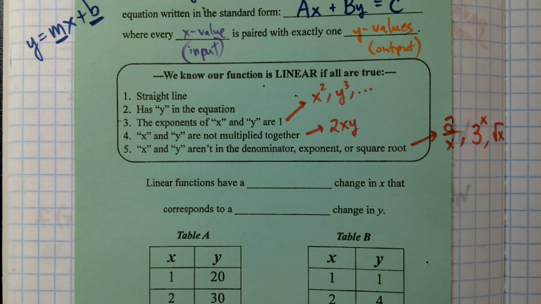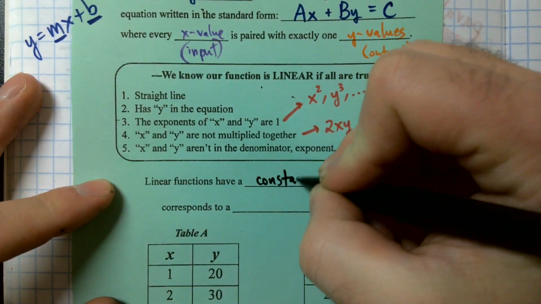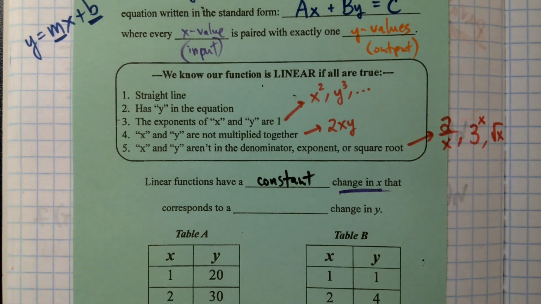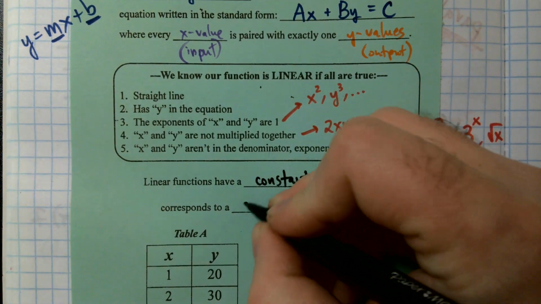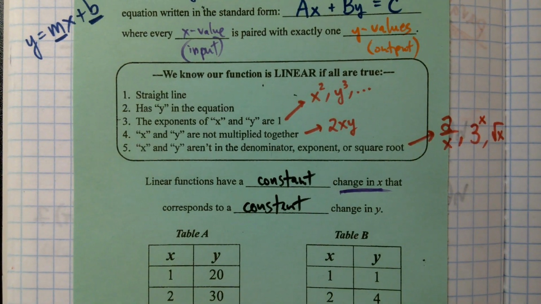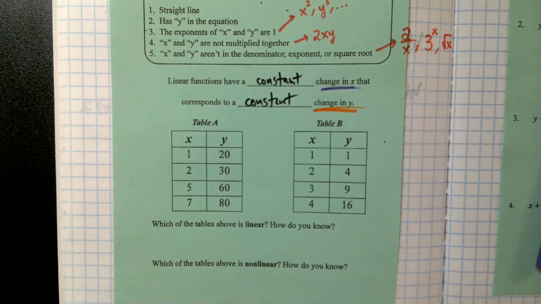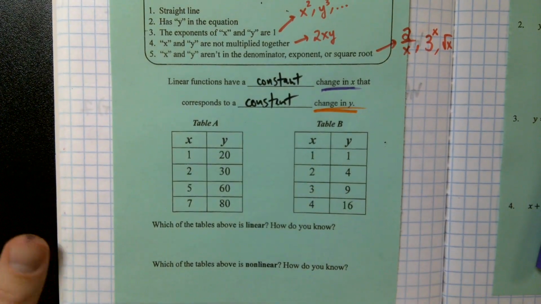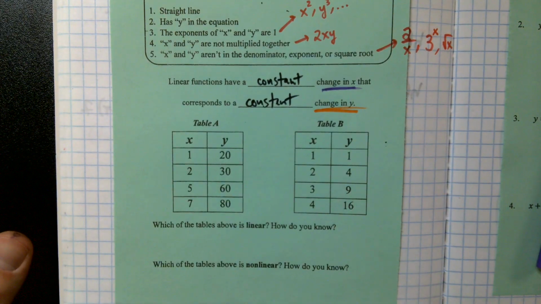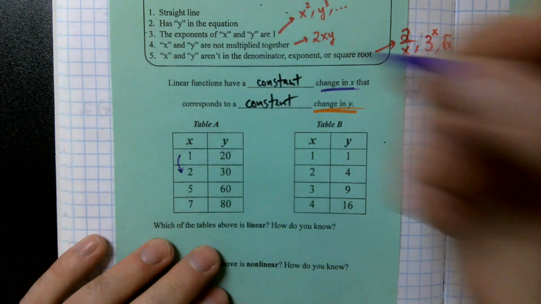We're comfortable with tables. Hopefully we're familiar with tables by now. We know that linear functions on a table have a constant change in x that corresponds with a constant change in y. So if I'm looking at table A and I look at my x values, what's my change from 1 to 2?